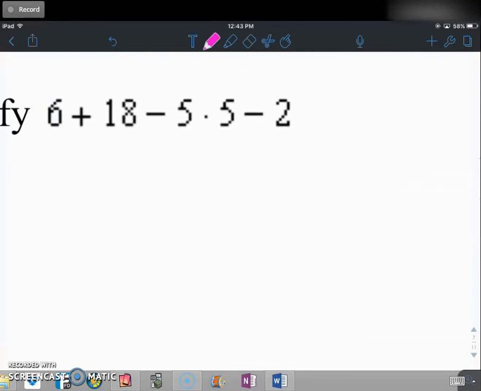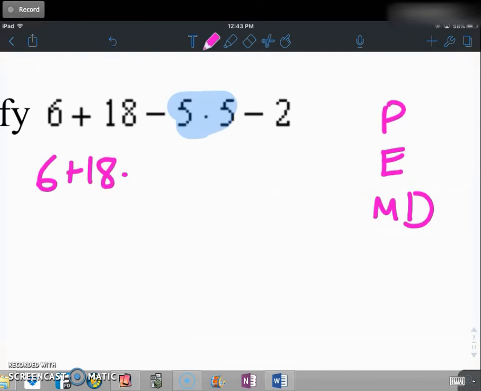So again, parentheses, no parentheses, exponents, no exponents, so multiplication and division from left to right. So there's my first operation. So it's 6 plus 18 minus 25 minus 2. No parentheses, no exponents, no multiplication or division. So now we're on adding and subtracting. Again, we're going left to right.